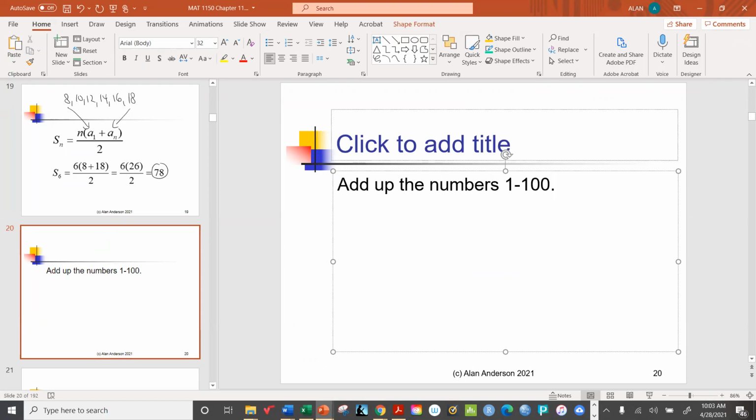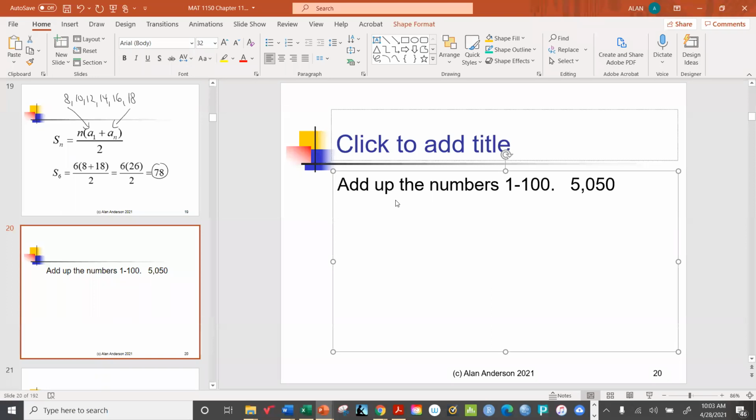So she sits down at the desk after giving them this assignment. And within a matter of minutes, Carl Gauss walks up to the desk and says, teacher, I have the answer. It's 5,050. And she goes, oh my God, Carl, how did you do that so fast? So he said, well, listen, here's what I noticed.